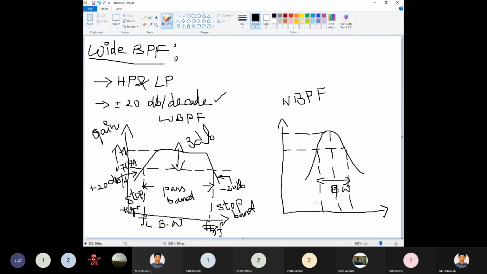This is the bandwidth. This is the stop band region. This is the pass band region. This is the stop band region. You know, this is the 3 dB.